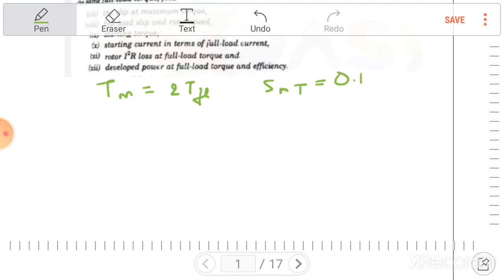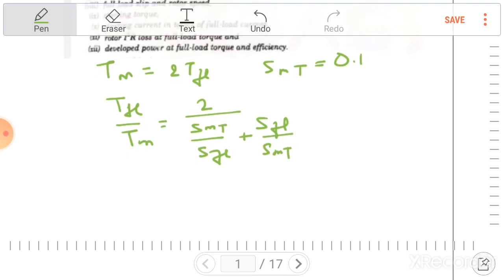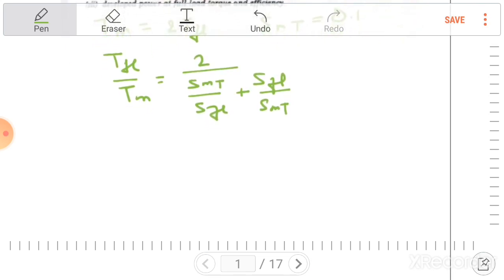Now we will use the formula TFL upon Tm equal to 2 divided by Sm upon slip at full load plus S at full load upon S at maximum torque. This formula will be used to obtain the slip at full load.